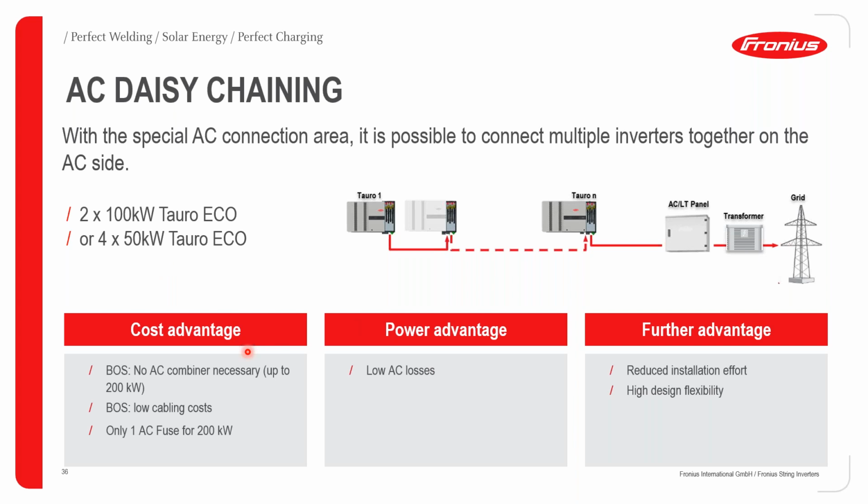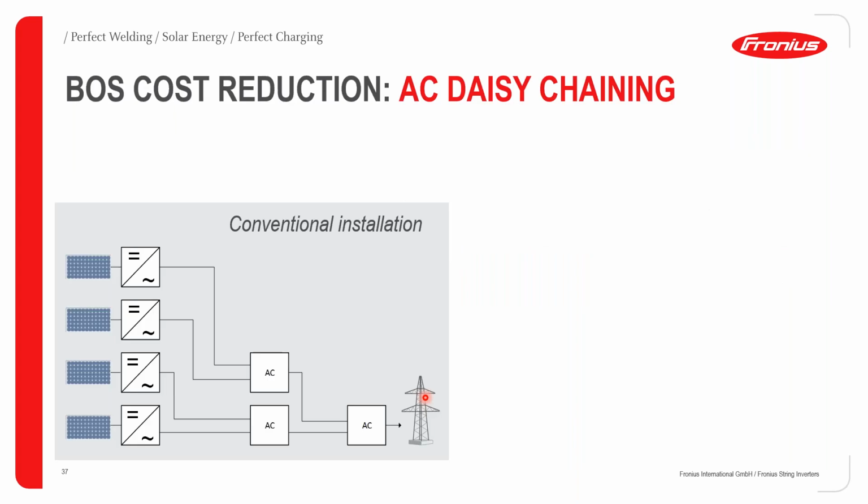I'm going to show you how advantageous this can be in the coming slides. In terms of cost advantage, no AC combiner is necessary, and you can connect up to 200 kilowatts, as earlier stated. Of course, you tend to incur low AC losses, and you get reduced installation effort and high design flexibility.